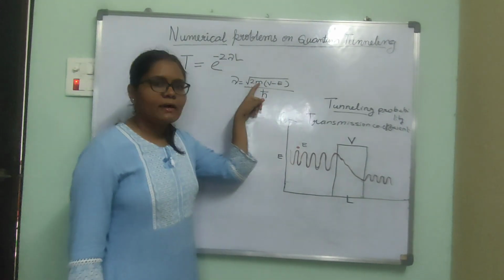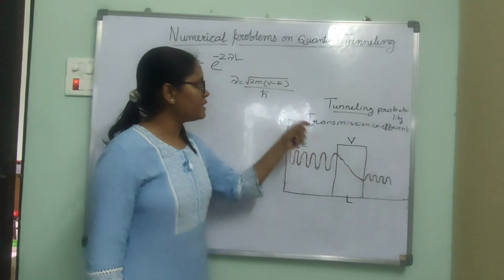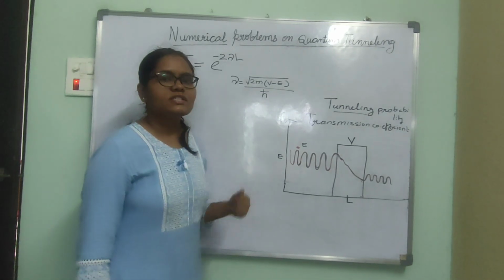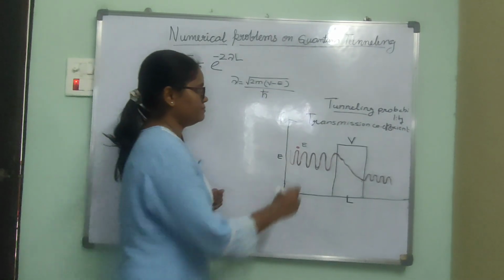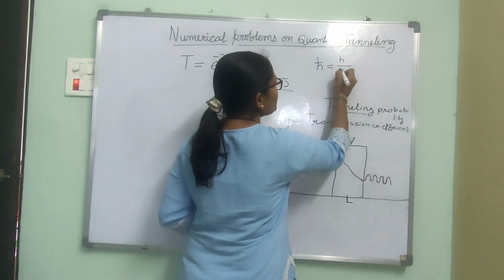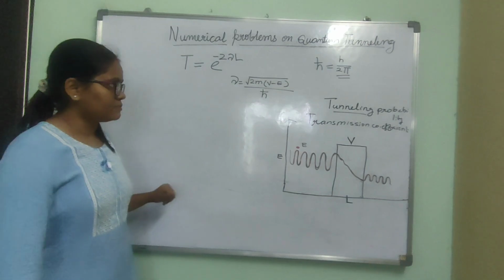Here m is the mass of the particle, V is the height of the potential energy barrier, E is the energy of the particle, and h cross is the reduced Planck's constant. So h cross is given by h over 2 pi.